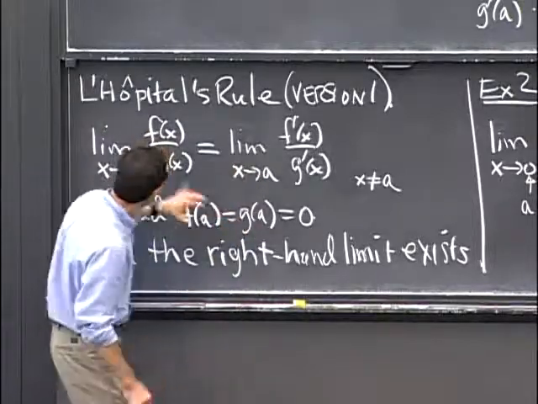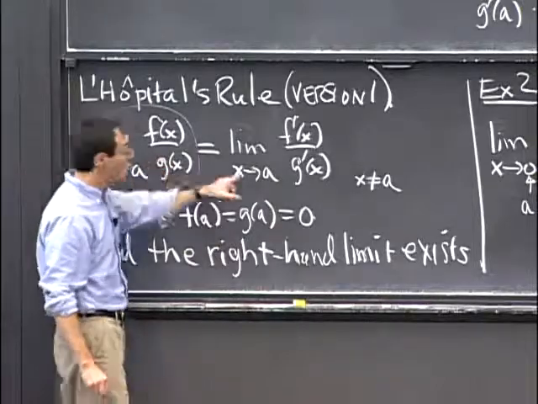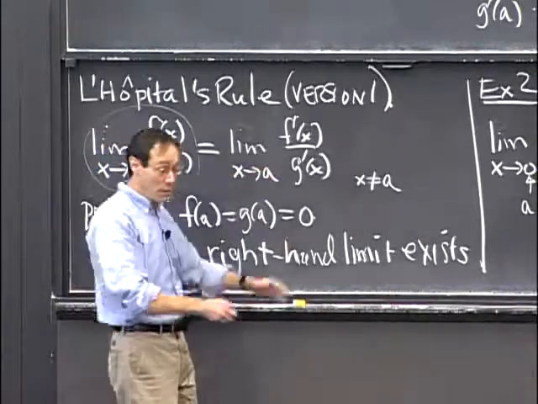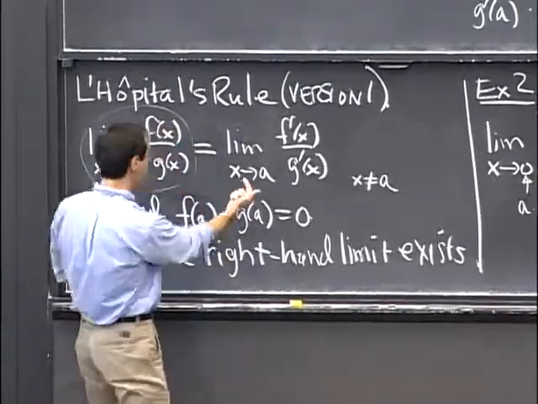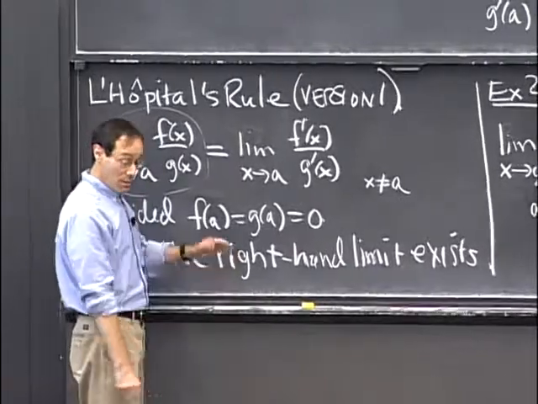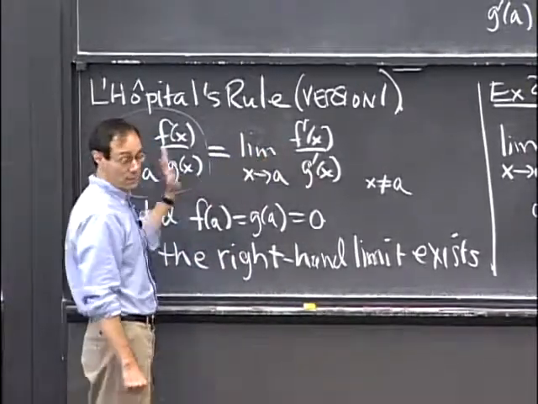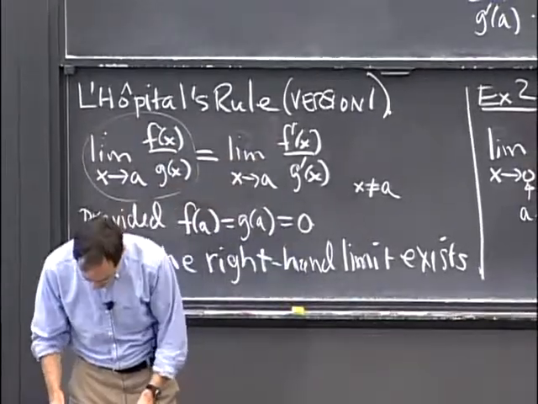But what I'm emphasizing is that you don't need to know in advance that this one exists. You do need to know in advance that that one exists. Essentially, yeah. So that's the direction that it goes. You can't get away with not having this exist and still have the statement be true.